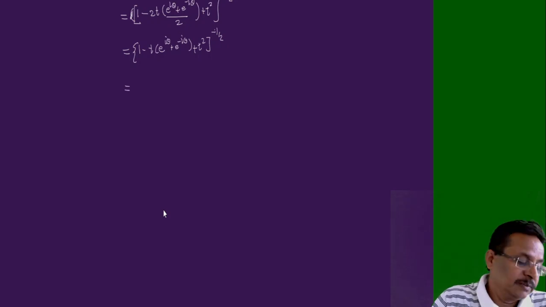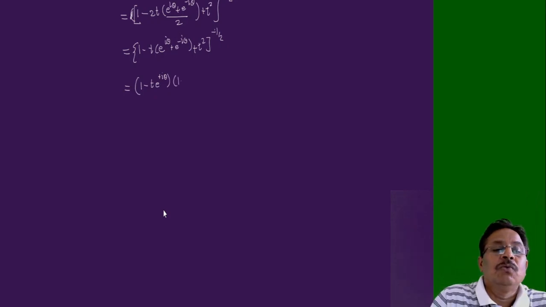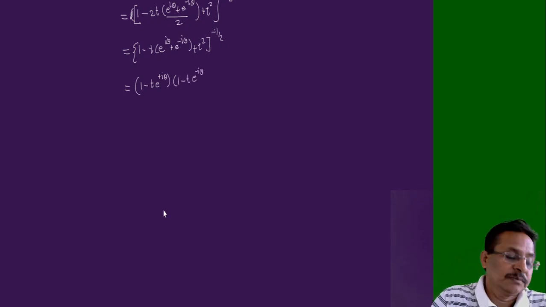Again simplifying this, I can write this as (1 minus t e raised to i theta) into (1 minus t e raised to minus i theta), all raised to minus half.